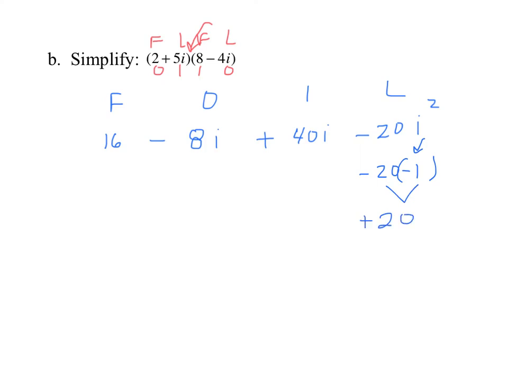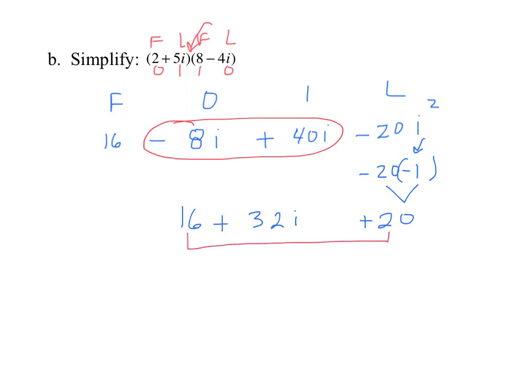Your like terms here will combine your i values. So this will become a 32i, and 16 will come down, and then last but not least, recognize you've got still some more like terms to combine. So that will give you 36 plus 32i.